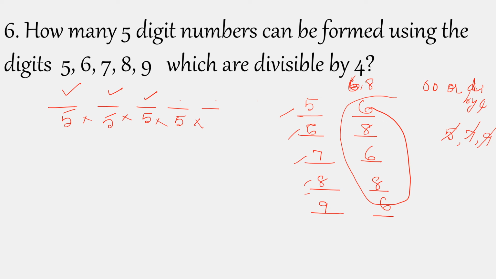By seeing this you may be thinking that you can fill with either 6 or 8 but not both. At a time you can use only one number, either 6 or 8. You have the freedom of writing how many numbers? Only one. Therefore, it is 5 cubed times 5, which is 625. 625 is the answer.